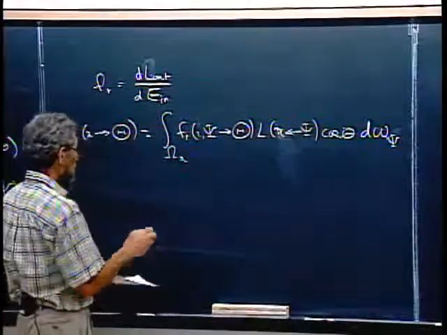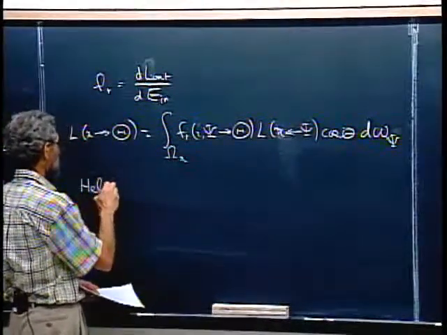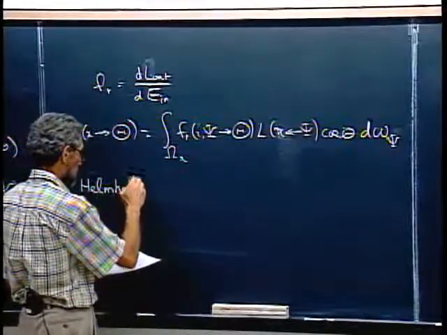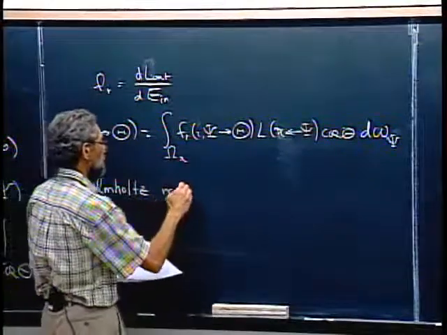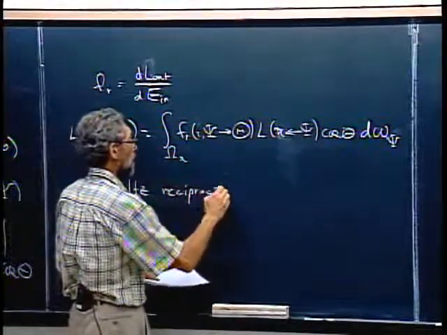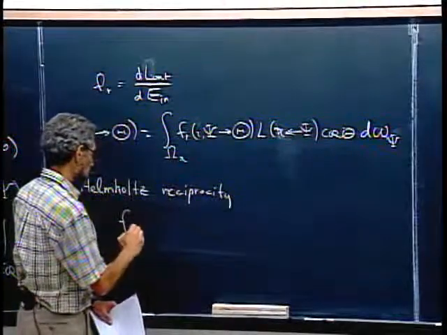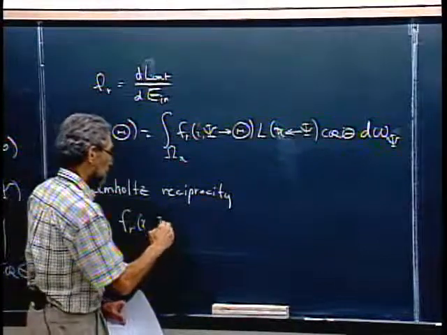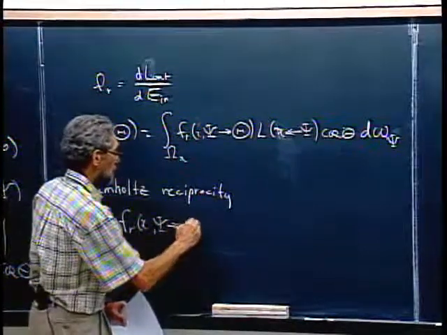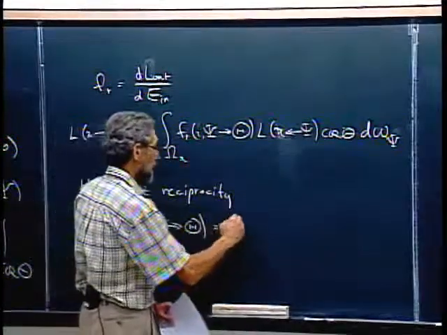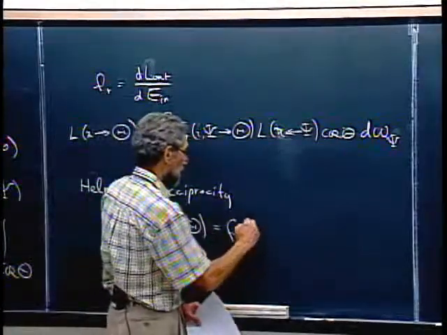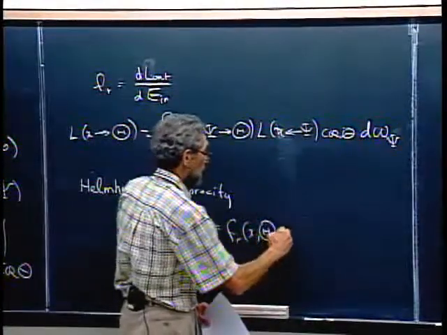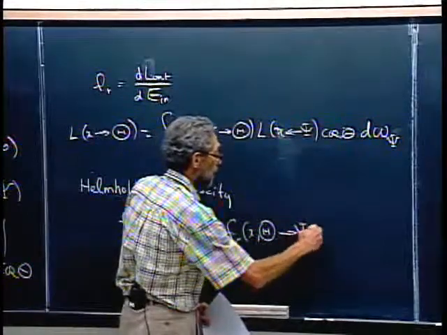So let me just write one property that we'll talk about that you can prove by conservation of energy. Helmholtz reciprocity, which says if you look at this function at a position x for light coming from direction psi and reflecting into direction theta, that's the same as if you made the light come from direction theta and reflect into direction psi.